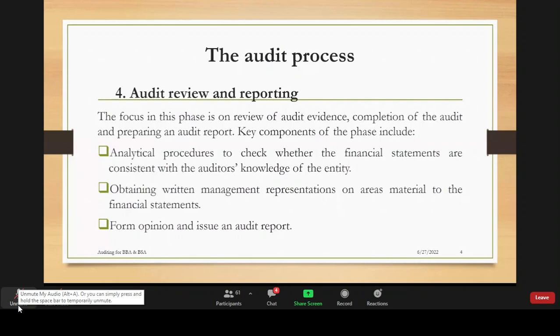That is like 1.5 months. So in 1.5 months, you cannot really cover everything that has been done in a year. So what you do, you sample. But when we are sampling, there are softwares that are used that will pick a representative sample from the population of the transactions.